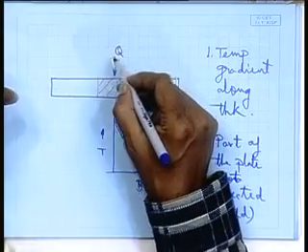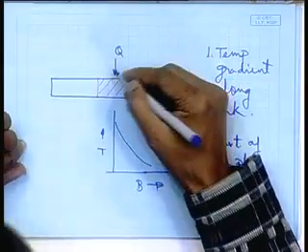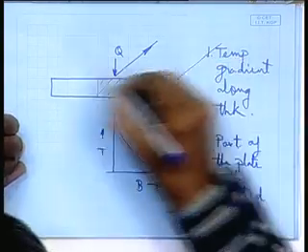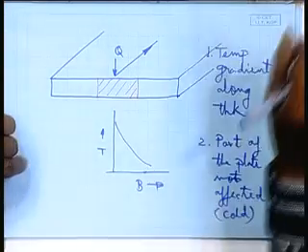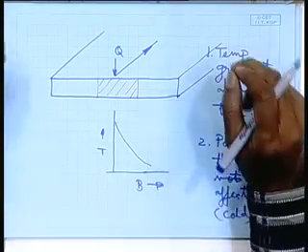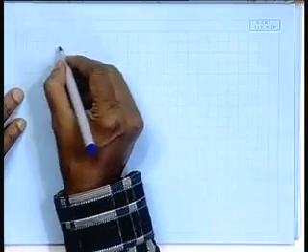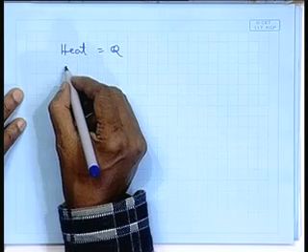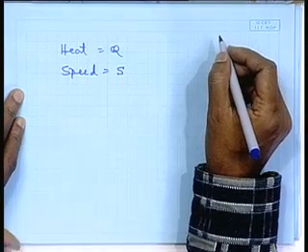because it depends on the amount of heat we have put, and on the speed of movement, because this heat source will move along the plate. So the parameters here are the heat, that is Q, and speed, say that is S, right.